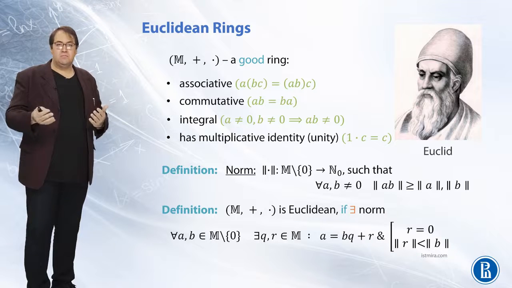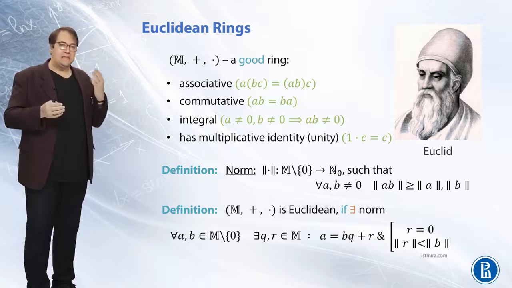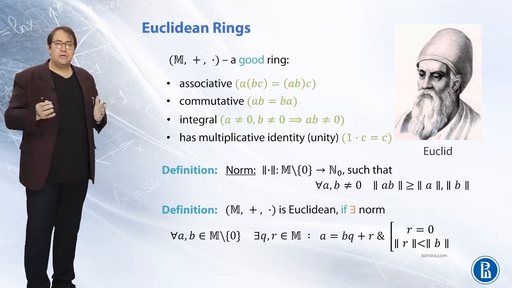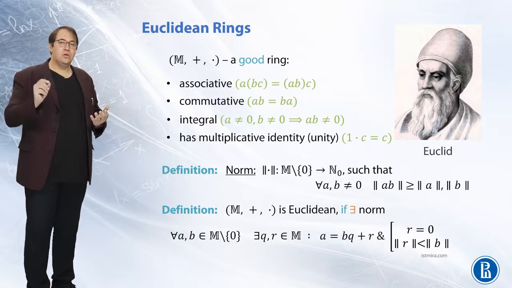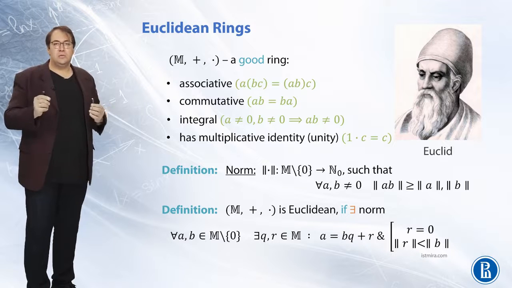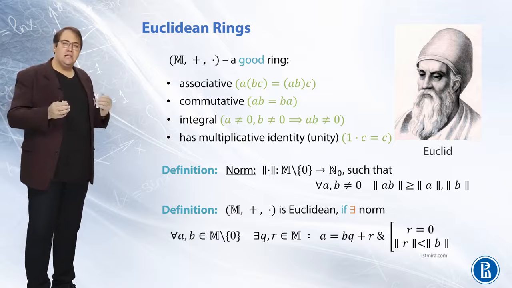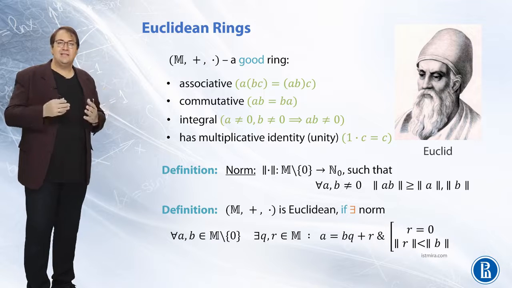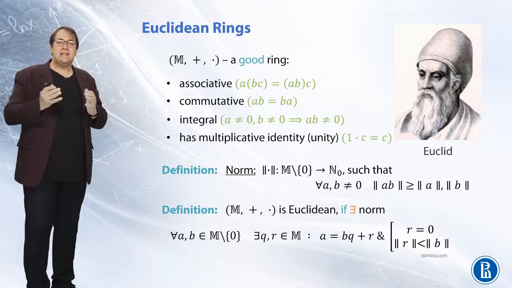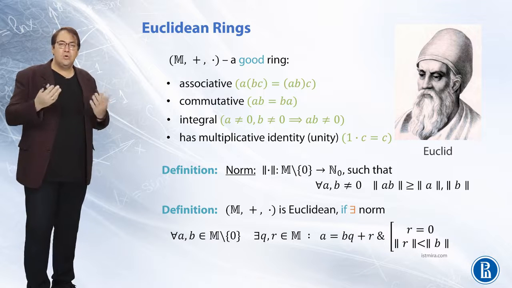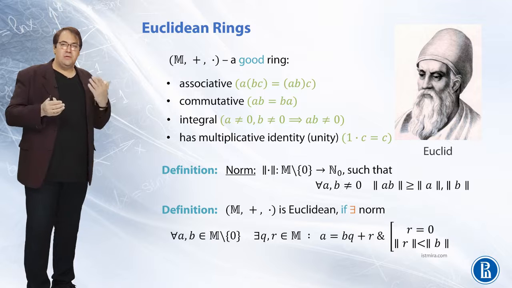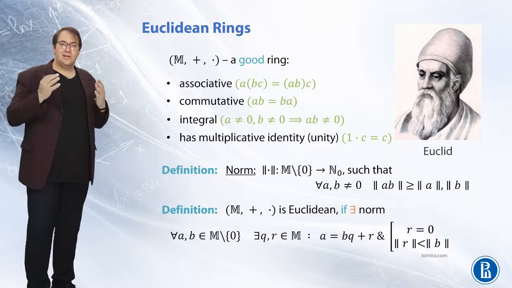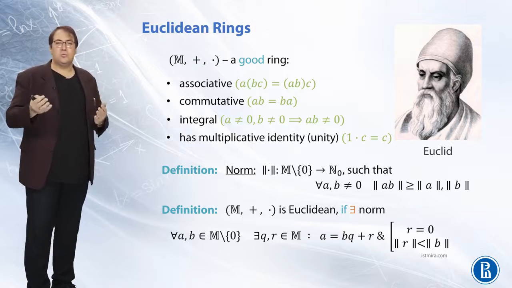Division with remainder, as usual, means that for any two elements A and B, there should exist elements Q and R. Note that we do not need these elements Q and R to be unique. They only need to exist, such that A is equal to BQ plus R, and R is, well, less than B. So we need the norm to say what less means. R should be either 0 or have norm less than the norm of B.